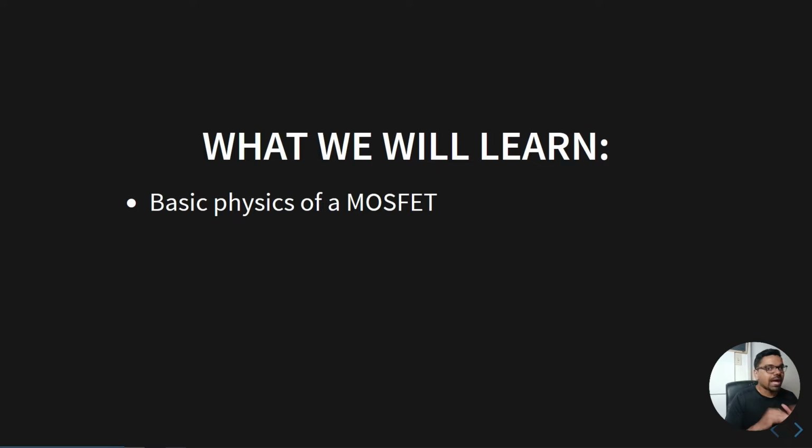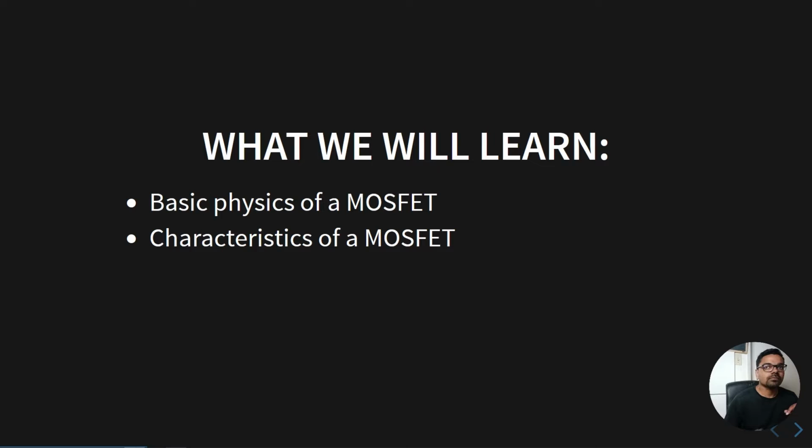We're not going to go into that low level. We're mostly going to look at the important features and ways of working of a MOSFET that can help you design a better brushless DC motor circuit. We're talking more about the application side of things.